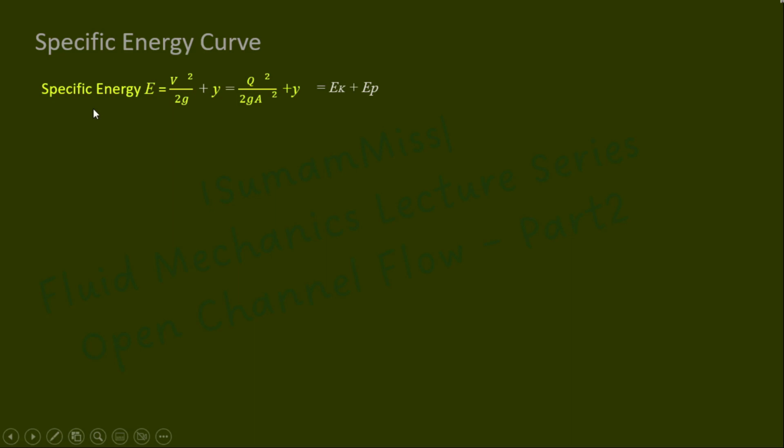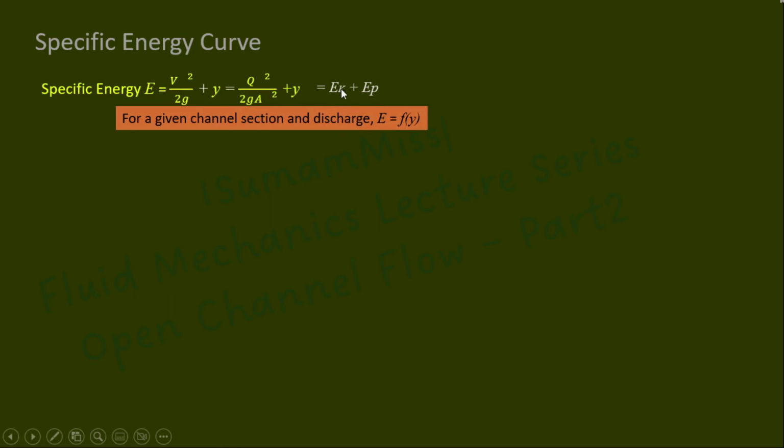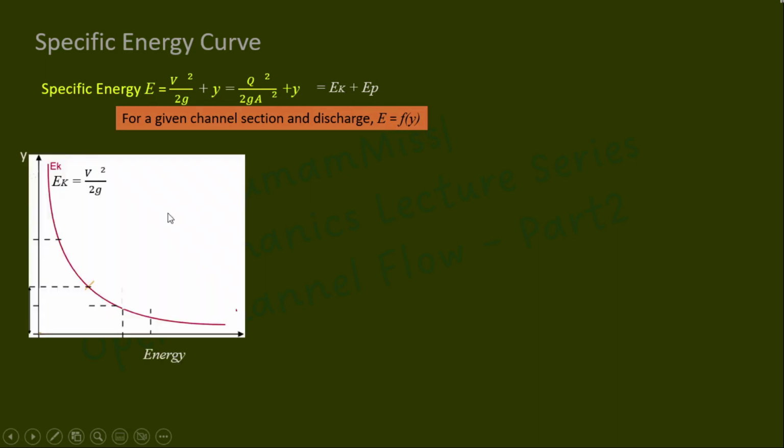So for a given channel section and discharge, specific energy E is a function of y, or Ek equal to q square by 2ga square is a function of y, and Ep equal to y. If you are plotting the variation of E with respect to y, which is the summation of Ek plus Ep, initially we can plot Ek with respect to y.